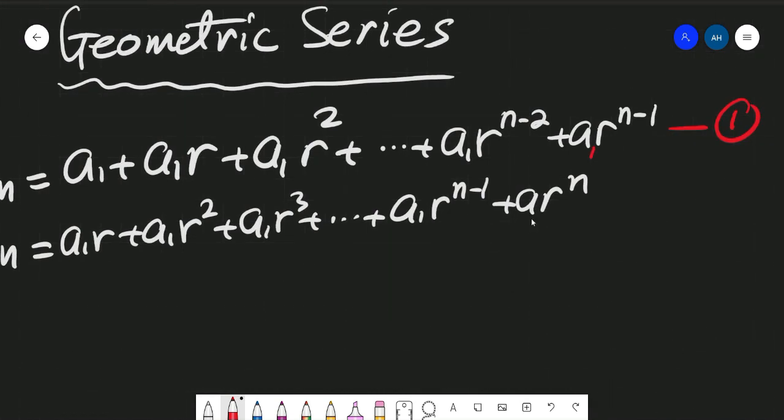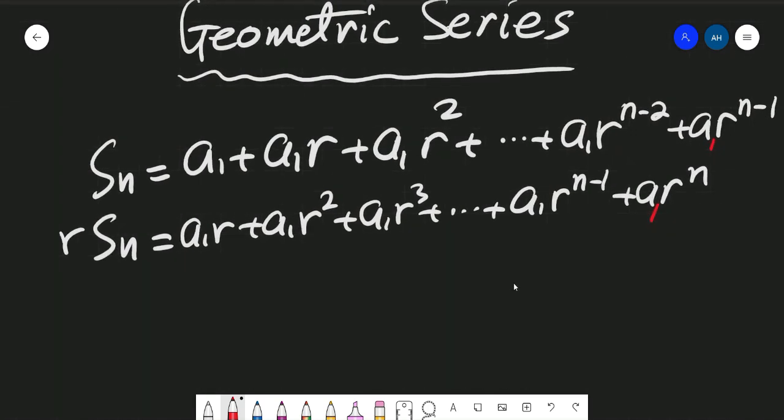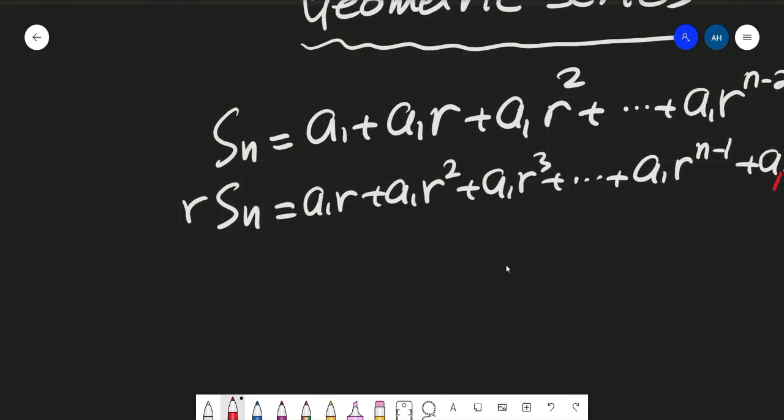The last term will be a1 multiplied by r to the power n. We derived the last formula by doing equation 2 minus equation number 1, that's what we did in the previous explanation.